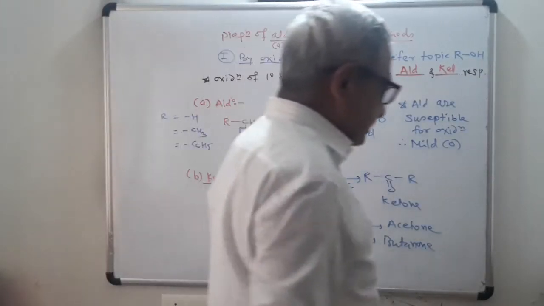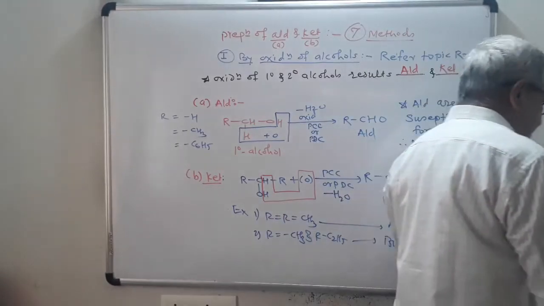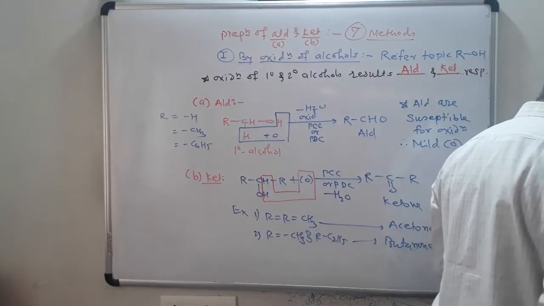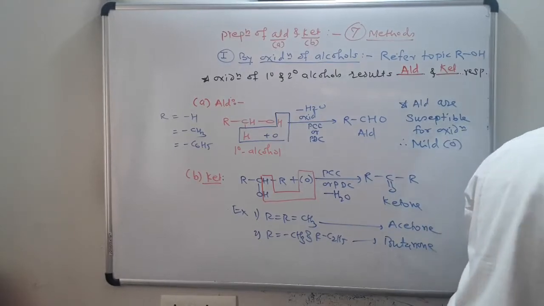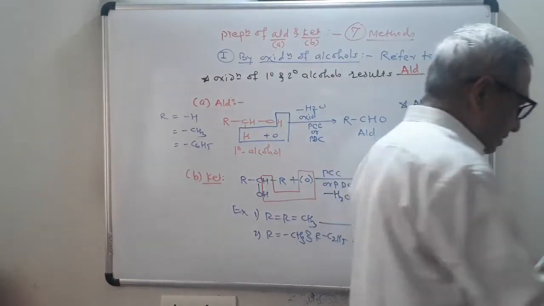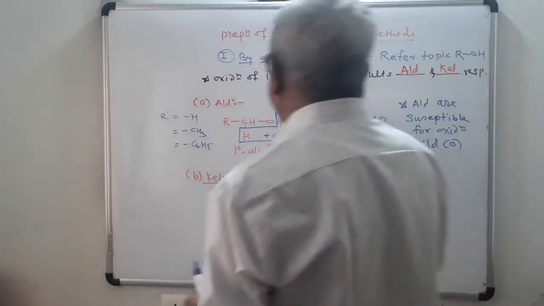Now I will start the second method for the preparation of aldehydes and ketones. See the second method. The second method is by hydrolysis of geminal dihalide. By hydrolysis of geminal dihalide.